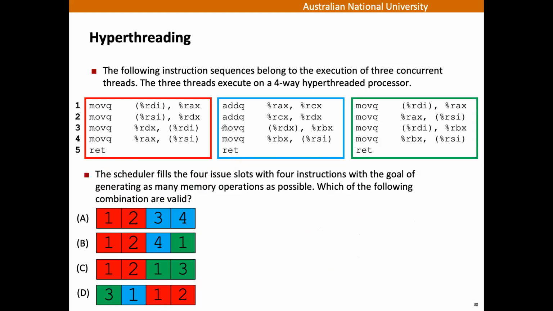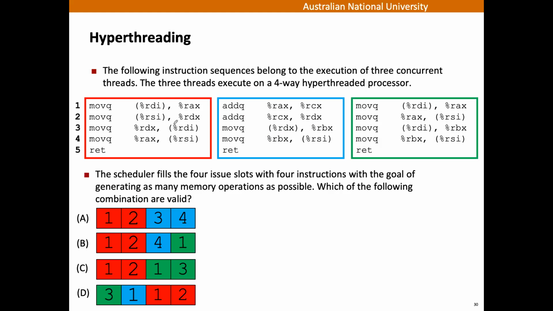So for instance, you can't just execute this instruction because first you need to compute RDX, right? An out-of-order processor can execute instructions out of order as long as there are no dependencies. If there are dependencies, then you need to execute this first, then this, okay?